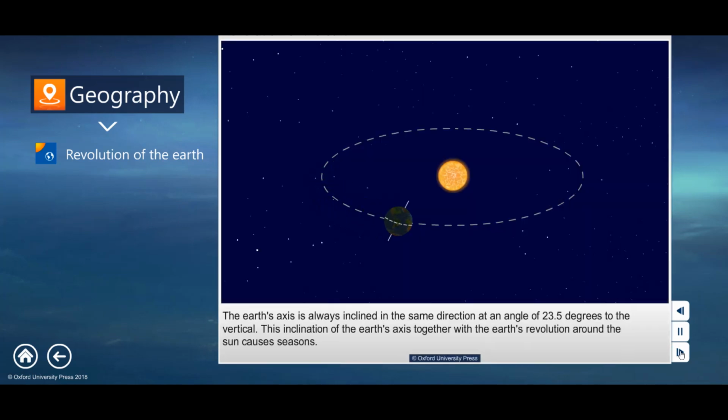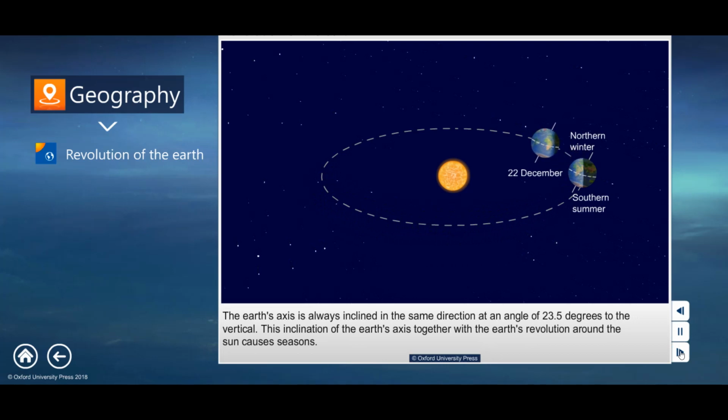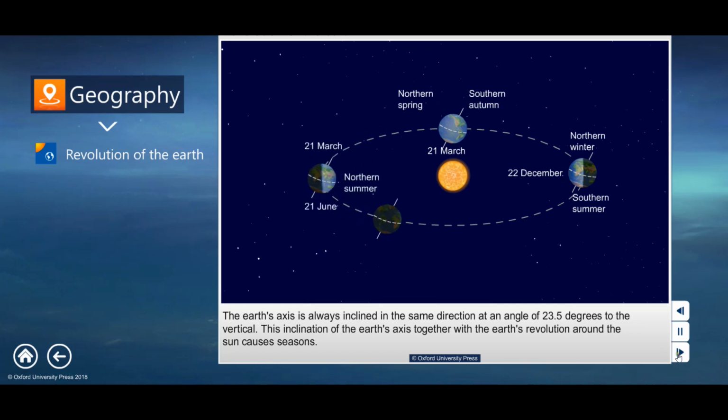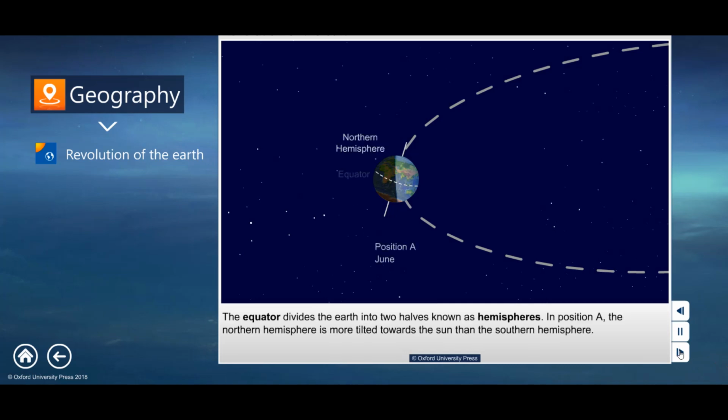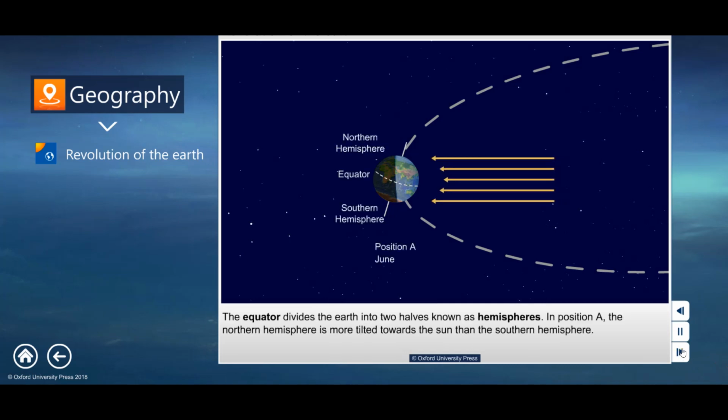The Earth's axis is always inclined in the same direction at an angle of 23.5 degrees to the vertical. This inclination of the Earth's axis together with the Earth's revolution around the Sun causes seasons. The equator divides the Earth into two halves known as hemispheres.